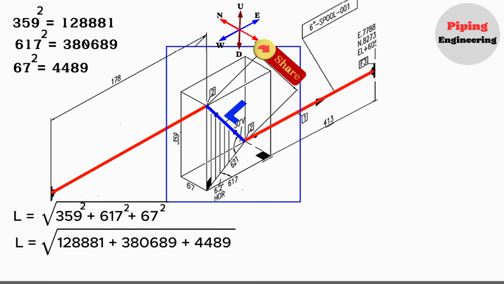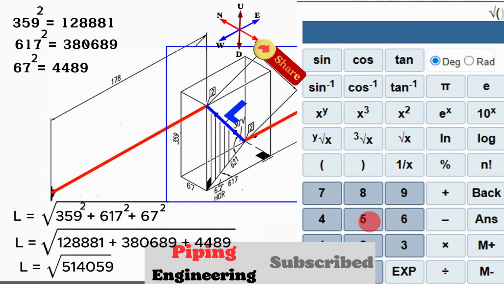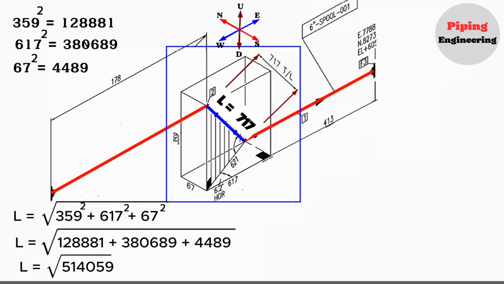So, in our formula, pipe section travel length L will equal the square root of 514,059. At last, again using the calculator, we find that the square root of 514,059 equals approximately 717. Thus, the length of this pipe section as depicted in the piping isometric drawing is correct.